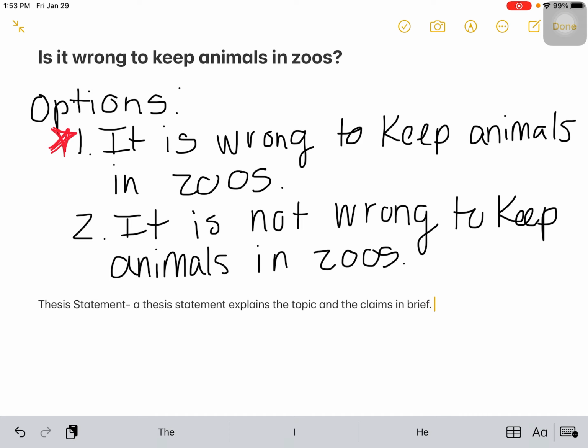Okay, so basically, I'm going to take this right here, which is my topic. I'm going to be writing that it is wrong to keep animals in zoos. And then I'm going to list my 3 claims briefly. Okay, so this part is going to be the beginning of my thesis statement.